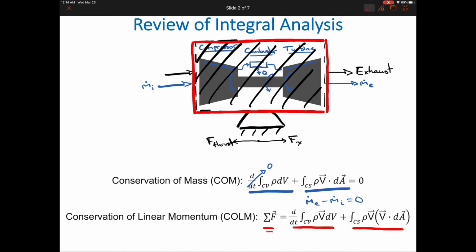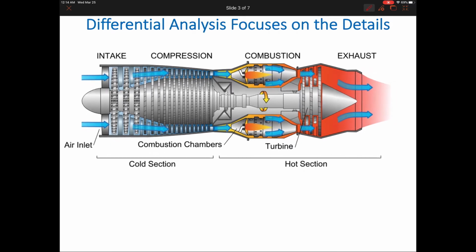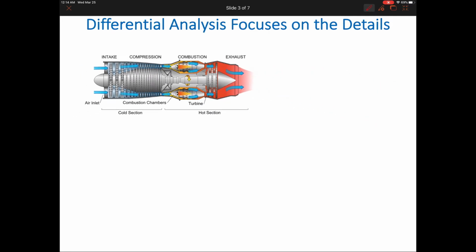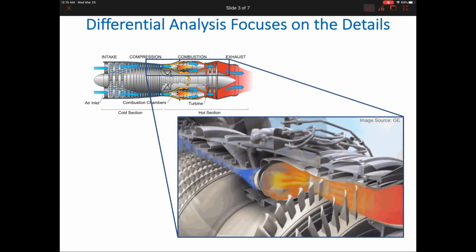Now, if we want to dive into the details of the components, what we need is differential analysis. So let's again step back, look at this device, or this engine rather, see all of the intricate components, and now let's zoom in on the combustor to see how differential analysis might play a role in understanding this system.